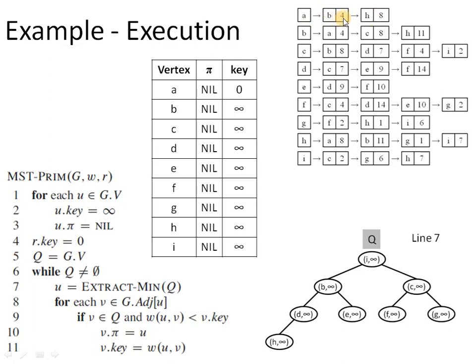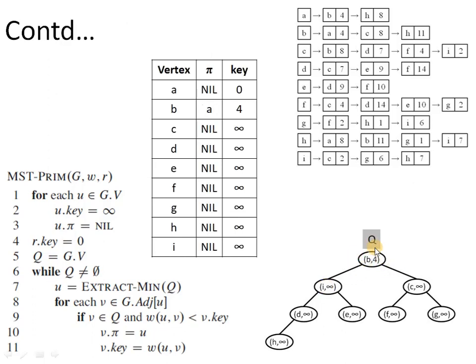So the new weight value corresponding to vertex B is 4, and it is via vertex A. And if we look at the old value, then it is equal to infinity. So 4 is less than infinity. We will do the update. We have reduced the weight value of B from infinity to 4.